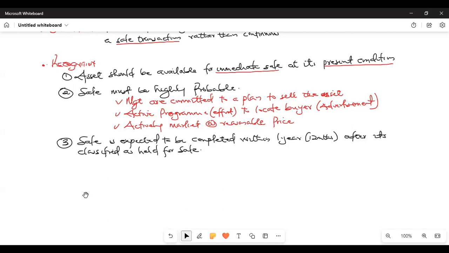But here, let me give a caveat to this. Sometimes you want to sell it, but so let me add here, unless the delays for that 1 year are caused by circumstances beyond your control. So check the case in the question very well.